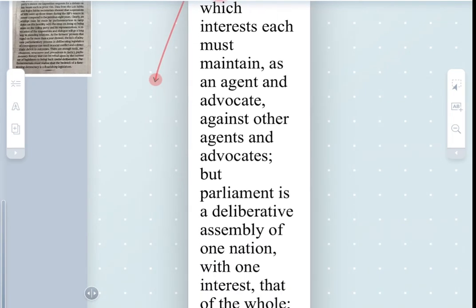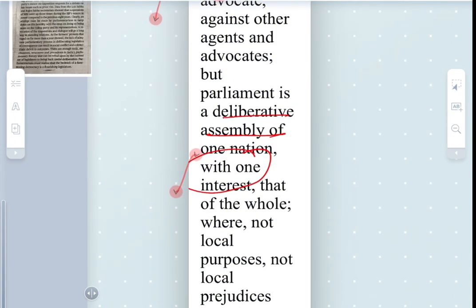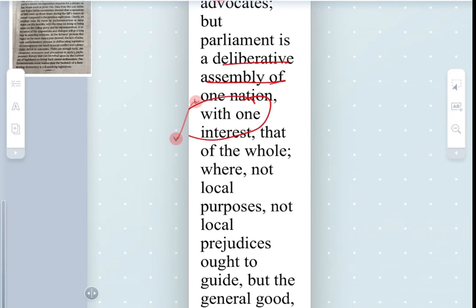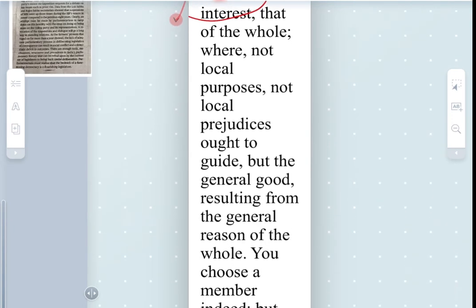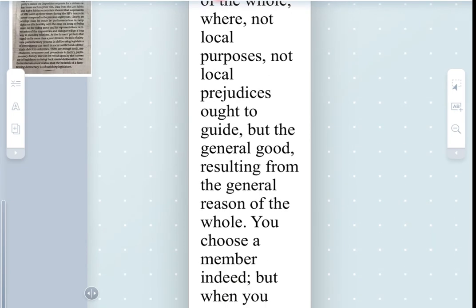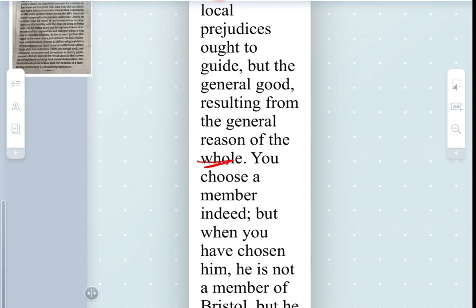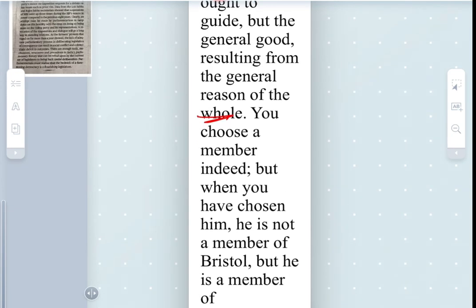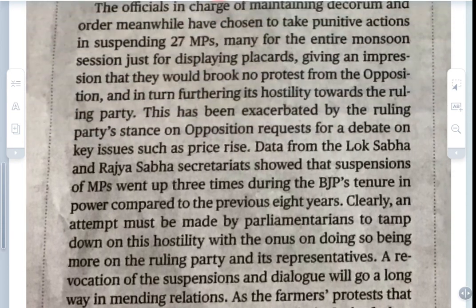But Parliament is a deliberative assembly of one nation with one interest, that of the whole, where not local purposes, not local prejudices ought to guide, but the general good resulting from the general reason of the whole. You choose a member indeed, but when you have chosen him, he is not a member of Bristol, but is a member of Parliament. So this was all about this article.